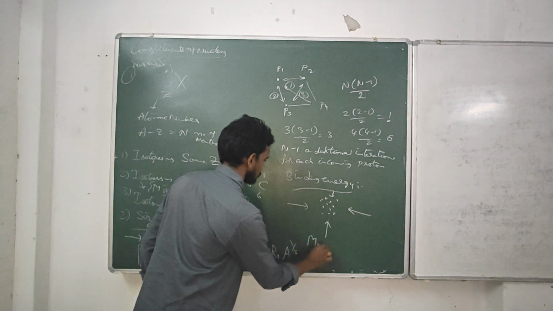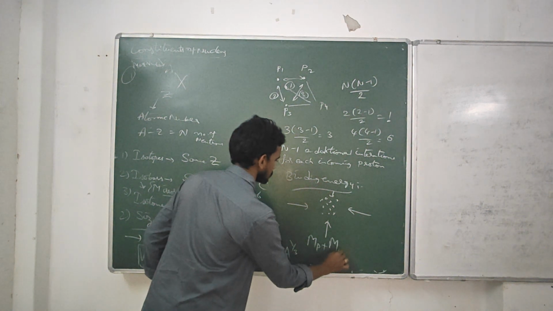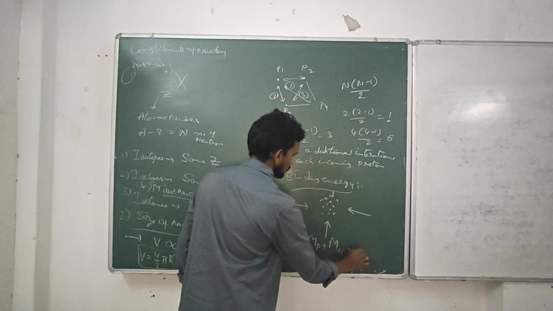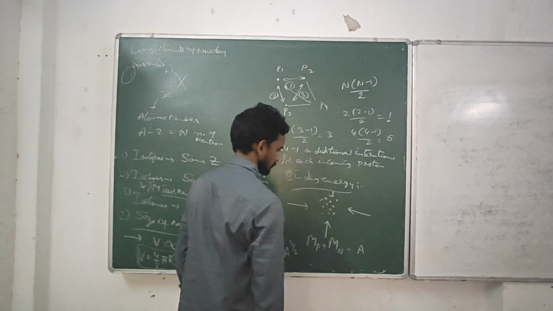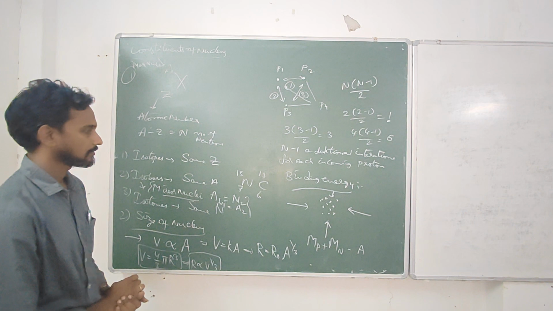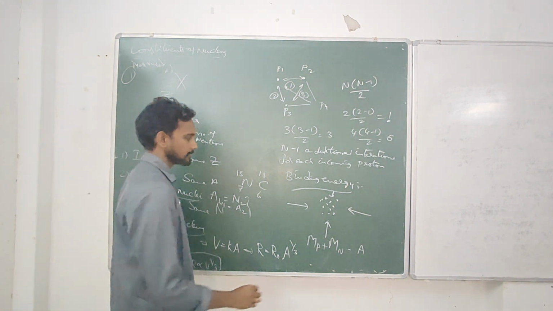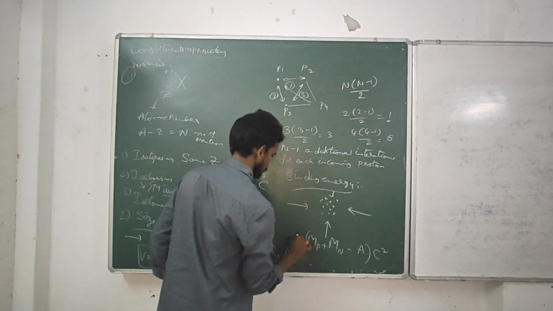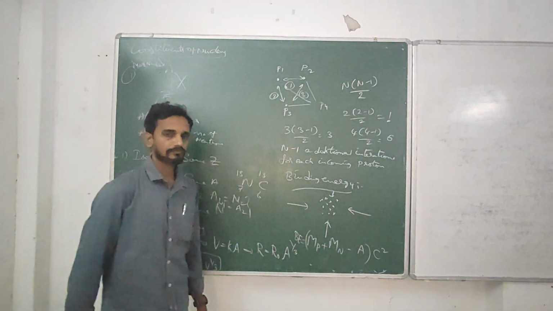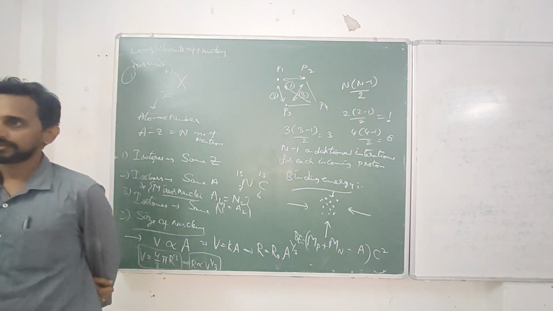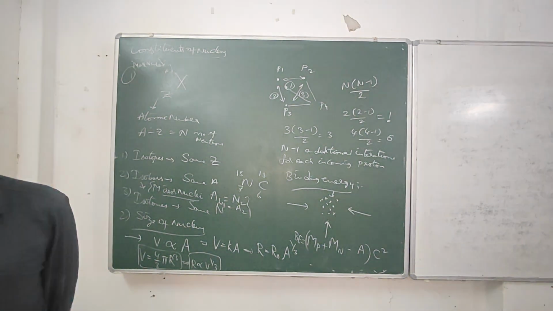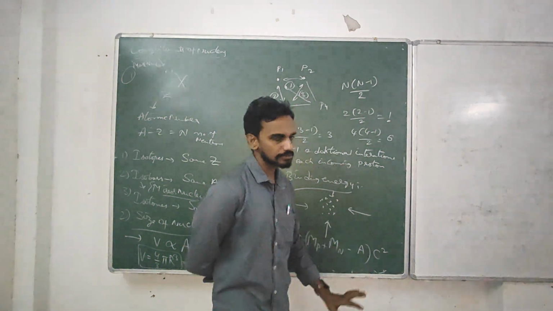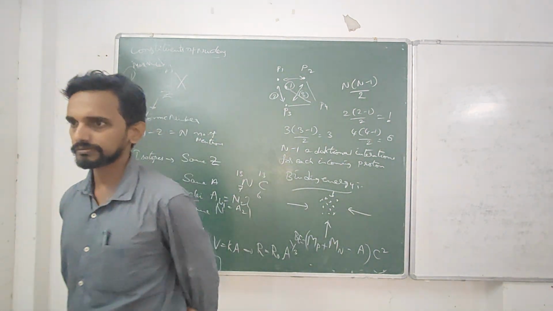Mass of protons plus mass of neutrons minus atomic mass. This is the binding energy. Total number of protons, total number of neutrons minus atomic number.